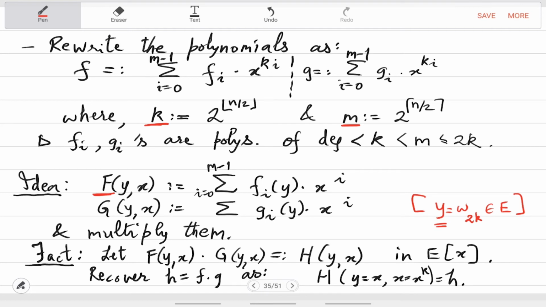So when you substitute those powers of y in big F, it will become univariate in y, and the degree will be, what will be the degree in y after substituting powers of y in x? Well, you are modding out by y to the k plus 1, so the degree will be smaller than k. Right? So you have basically reduced the multiplication of the bivariates into many multiplication instances of univariates, each of degree at most k.